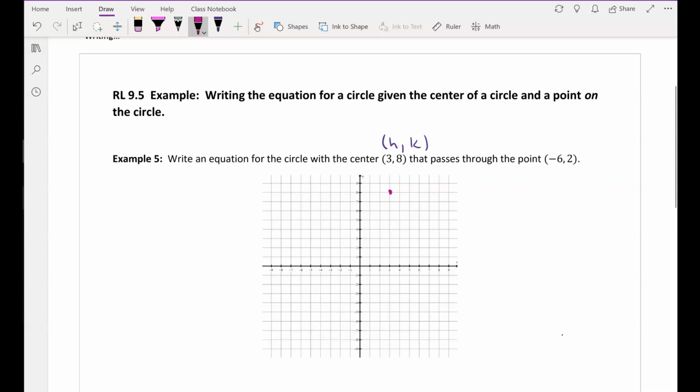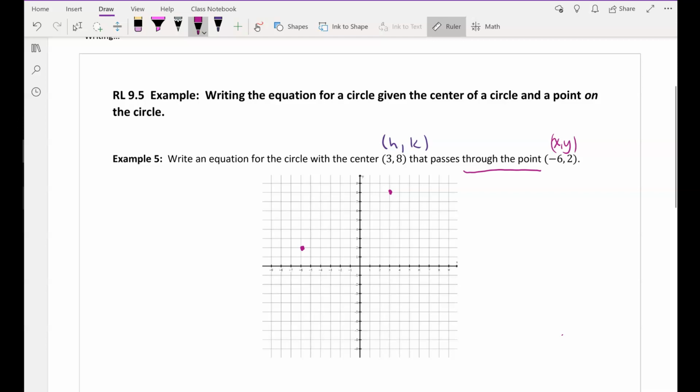And then we know the point -6, 2, which is just an ordered pair, an x and a y. That point is on the circle because it says the circle passes through that point. So if I go out to -6, 2, that's the point that's on the circle.